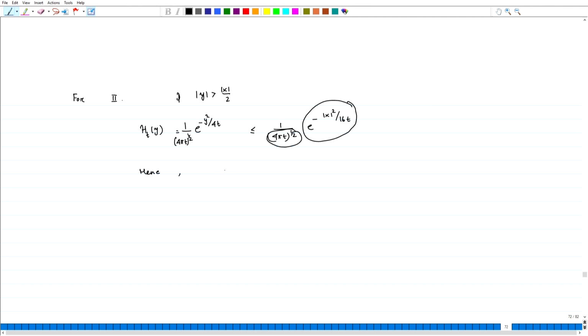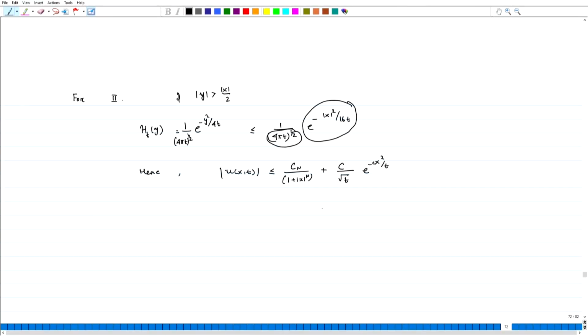Hence what we have got is that mod of u of x, t is lesser or equal to, for any n, some c_n over 1 plus mod x to the power n, plus some constant c by square root of t times e to the power minus some constant times x square by t. Now, of course, if I am hitting with a polynomial in x, then this will be bounded uniformly over t.